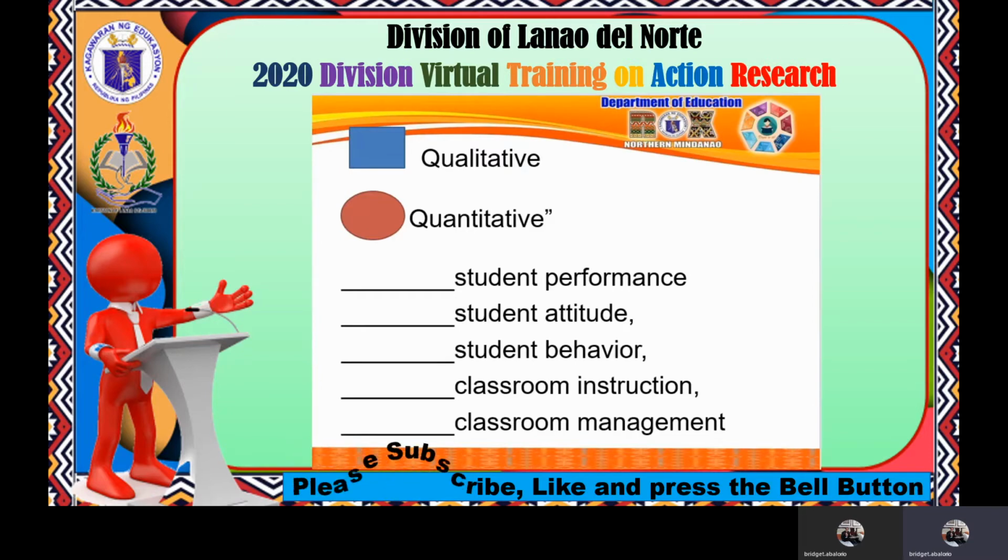Okay? Qualitative and quantitative action research methods are different in several ways, as we all know. From that activity, from those sample questions, I have suggested the following categories: student performance, student attitudes, student behavior, classroom instruction, and classroom management.